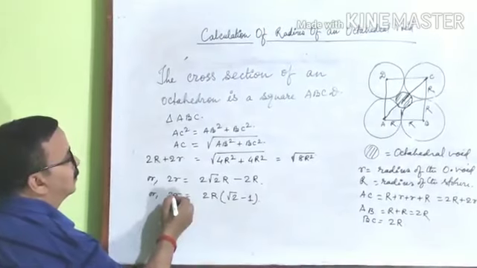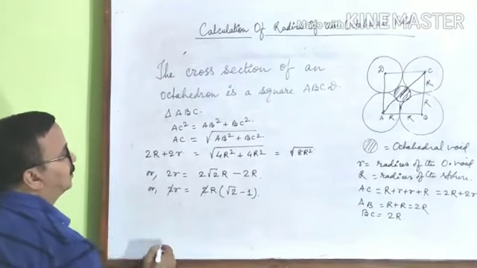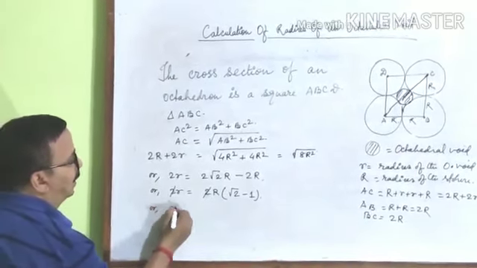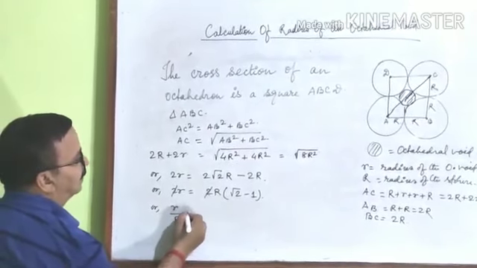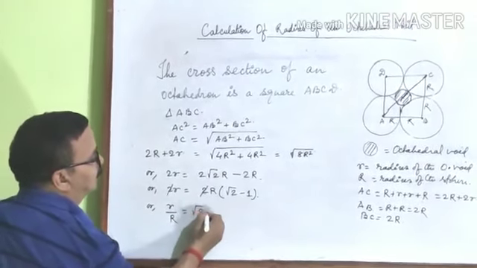So 2 cancels out, and r by R is equal to root 2 minus 1.